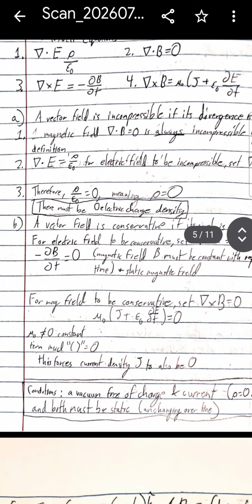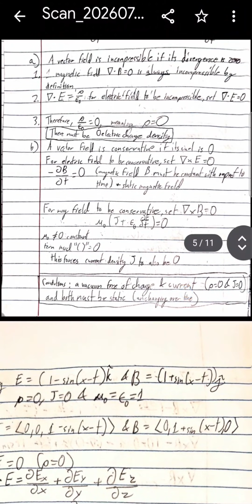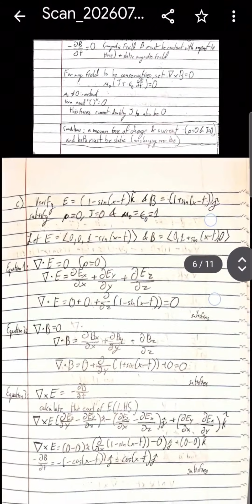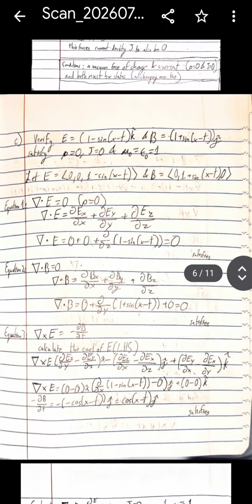So that brings us to part C. We're asked to verify that the specific wave function, E equals 1 minus sine of x minus t in the k direction, and B equals 1 plus sine of x minus t in the j direction, satisfy Maxwell's equations in a vacuum where rho equals 0.